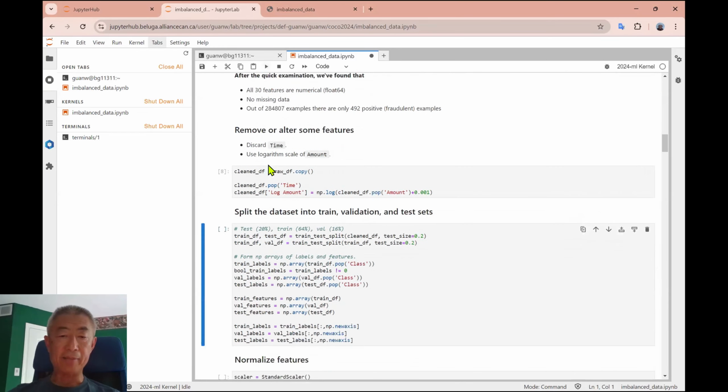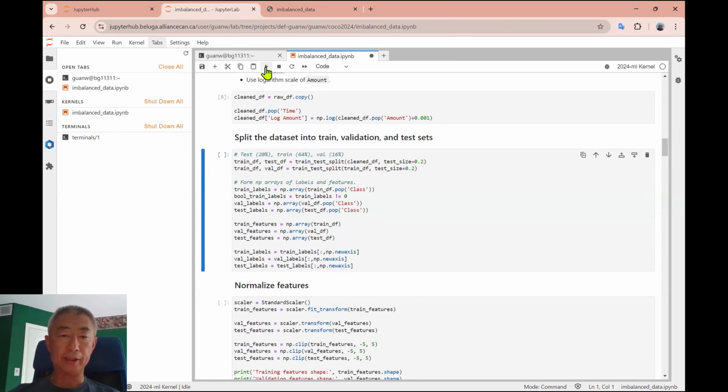After that, I'm going to split it into three subsets: training, validation, and testing. So in the end, I have the train, validation and test inputs and the train labels, validation labels and test labels. Those are the things that I have.